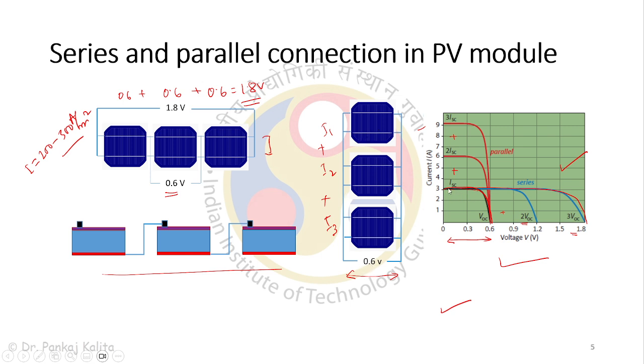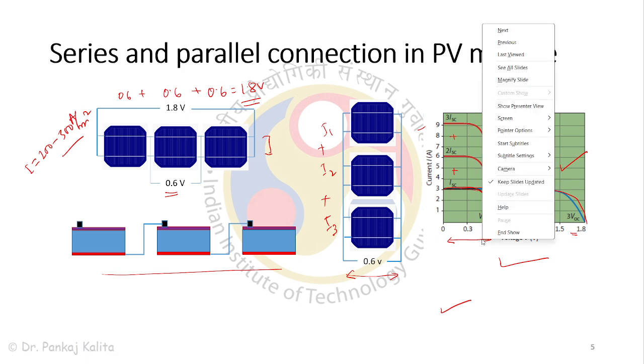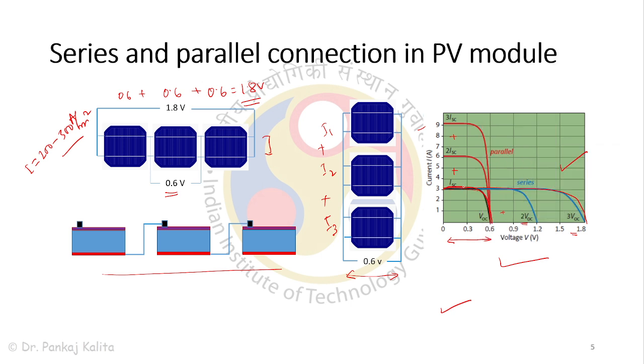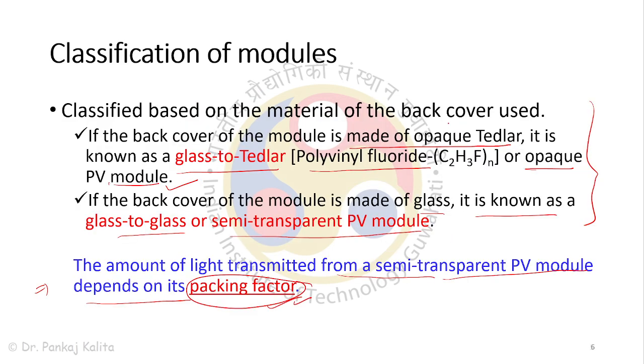So if this is your normal IV curve for a single cell, and you combine two cells in series, then your voltage value will be two times VOC. If three cells are connected, it's 3 VOC. If we connect two solar cells in parallel, then the current value will increase, corresponding to 2 and 3.